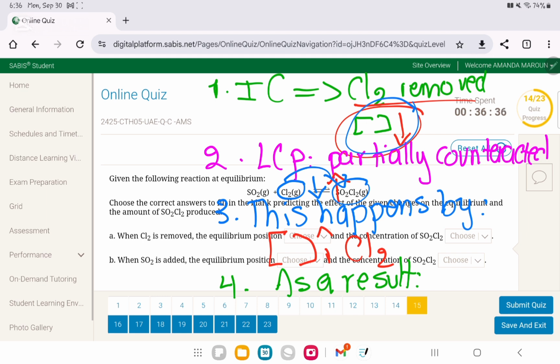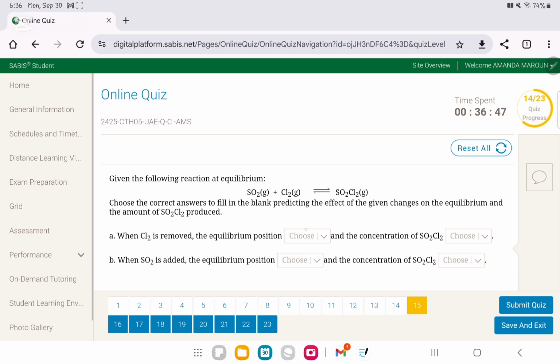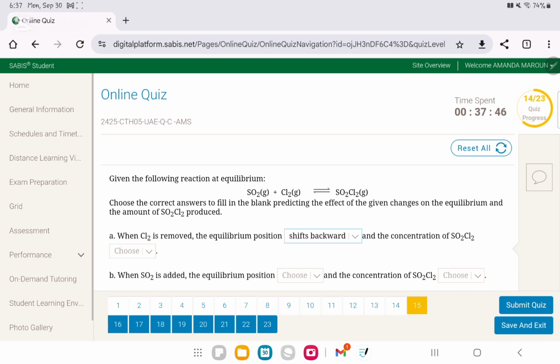It will now take the weight of decreasing its concentration. So as a result, the SO2Cl2 concentration will decrease. So again, when Cl2 is added, the equilibrium position shifts backward and the concentration of SO2Cl2 decreases.